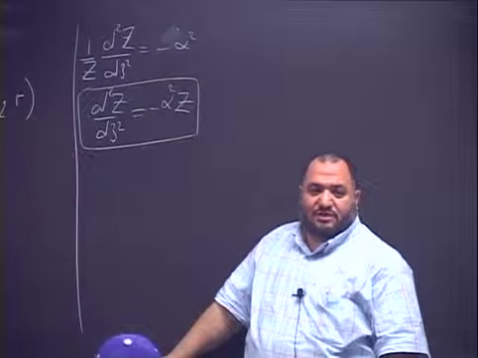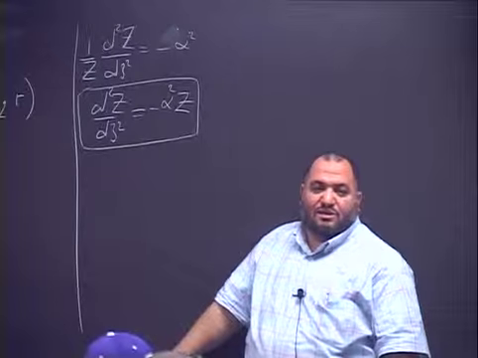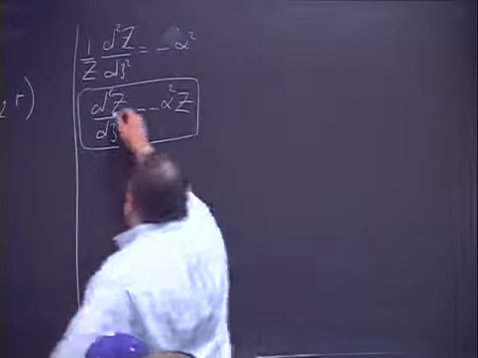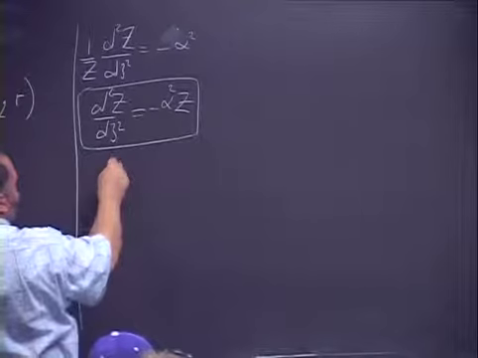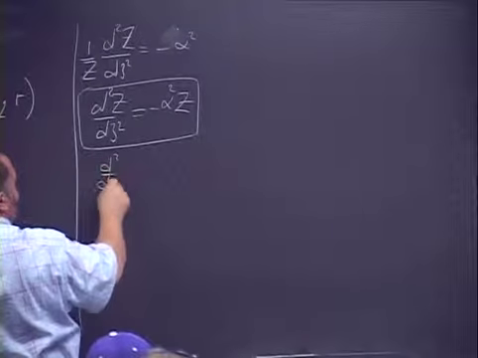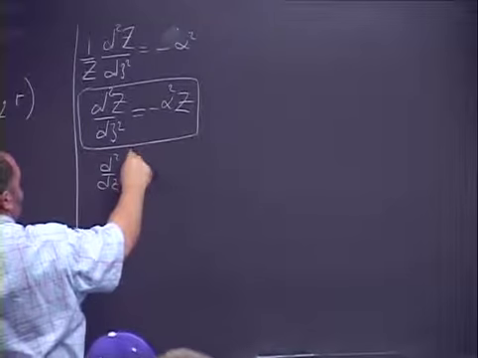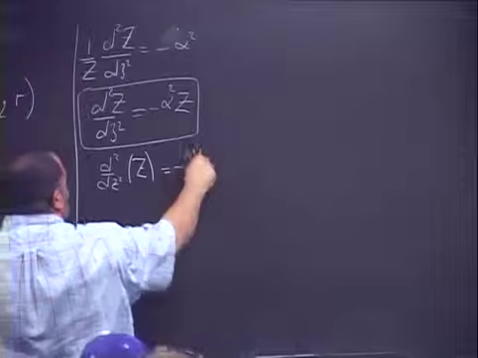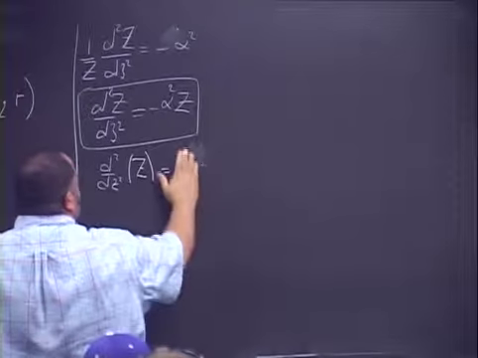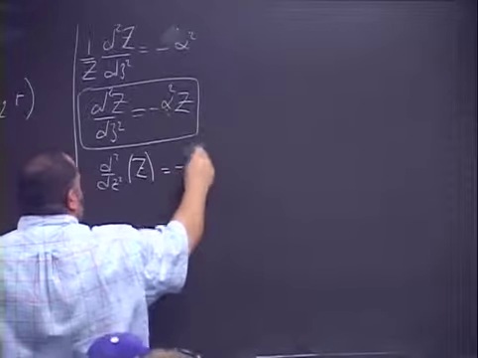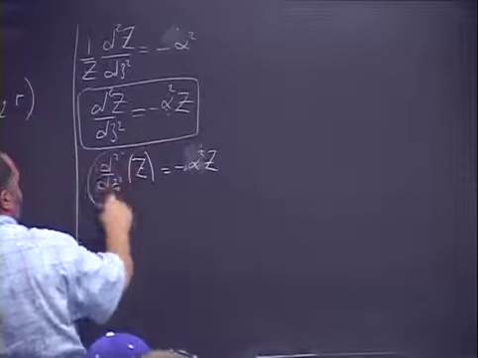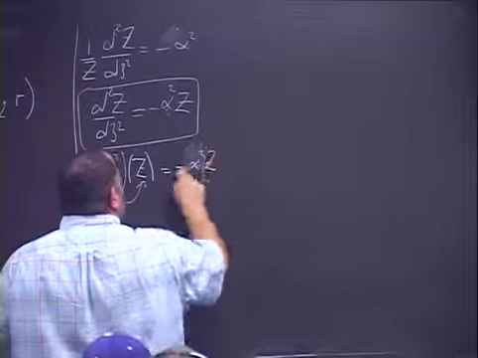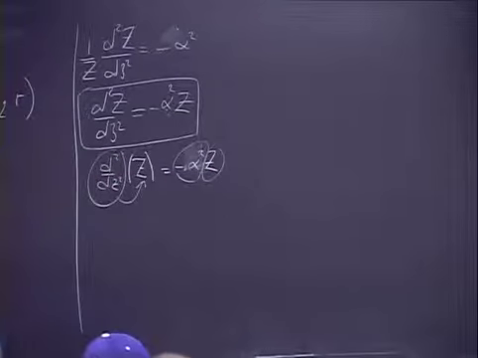This is the simple harmonic motion, and this is what we call the eigenvalue problem, where the operator in this case is, what's the operator here? d2 by dz squared. And what's the function? Z. Equal to negative lambda squared multiplied by the same function. In this case, lambda squared is just alpha squared. So the operator operates on a function, and you get the same function multiplied by a constant. So this is the eigenvalue problem.